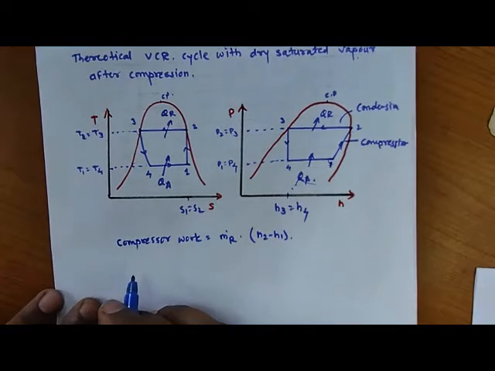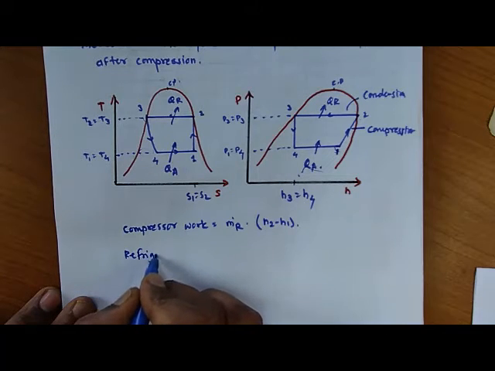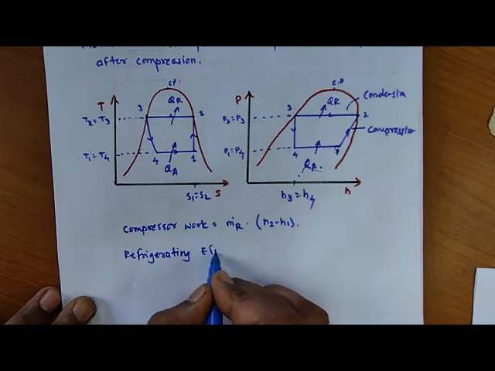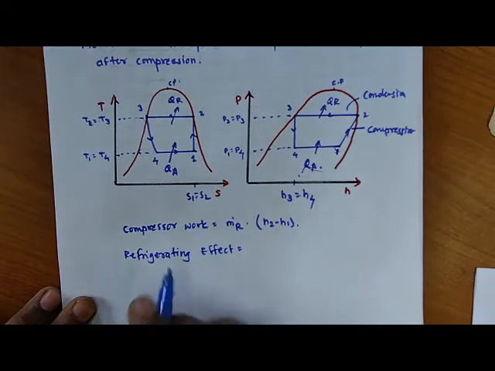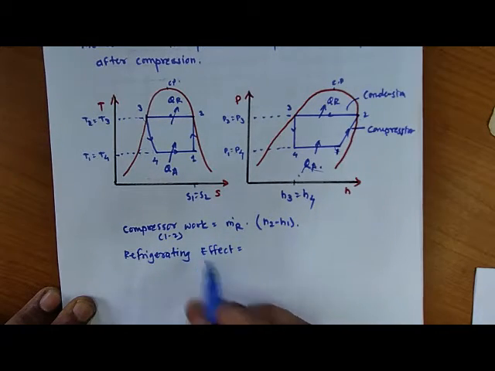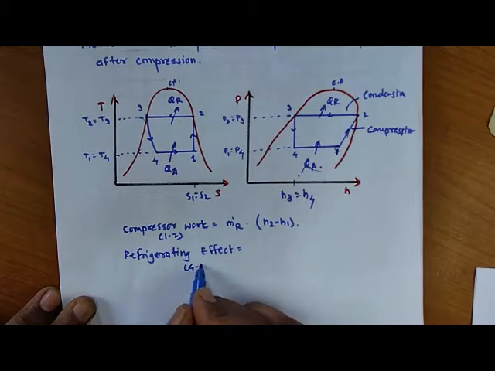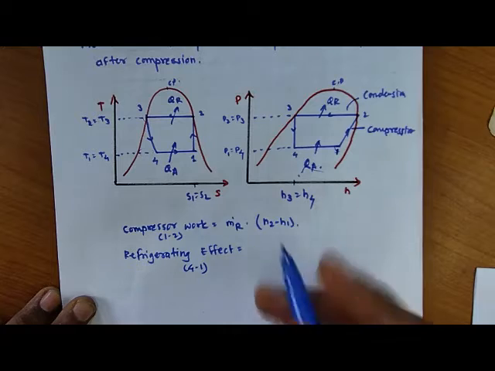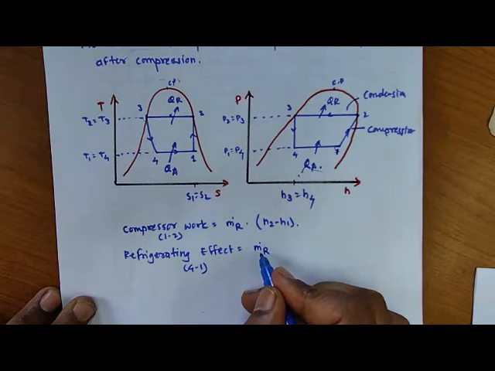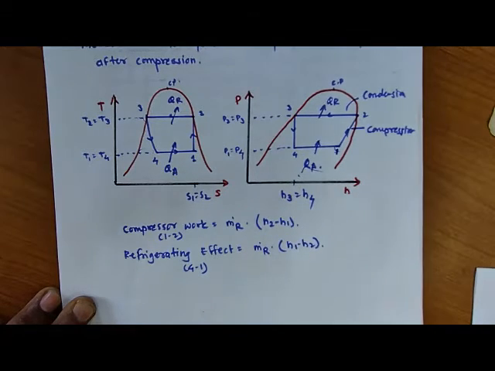Now here the refrigerating effect. So compressor work done, the process is 1 to 2, and refrigerating effect is available at the evaporator, that means process is 4 to 1. So here again it is mass flow rate of refrigerant multiplied with H1 minus H4.